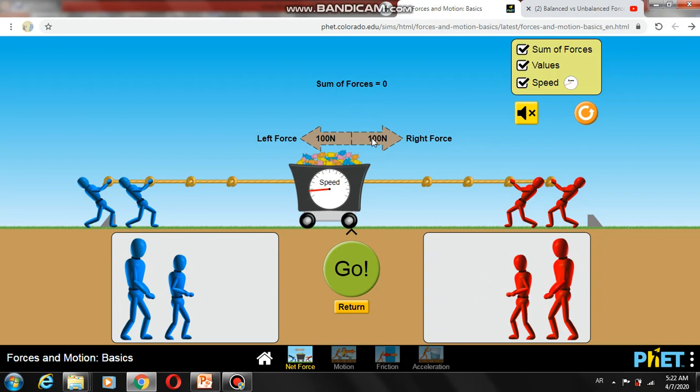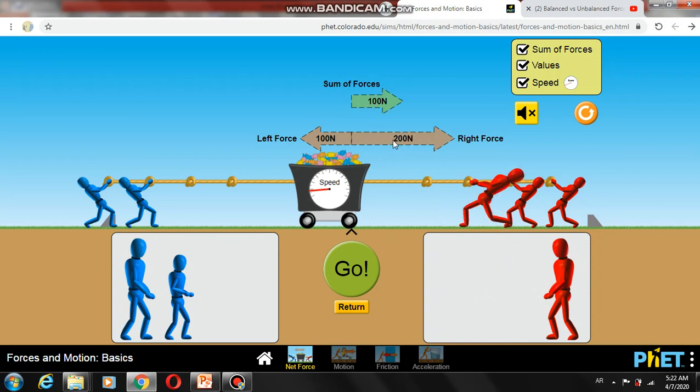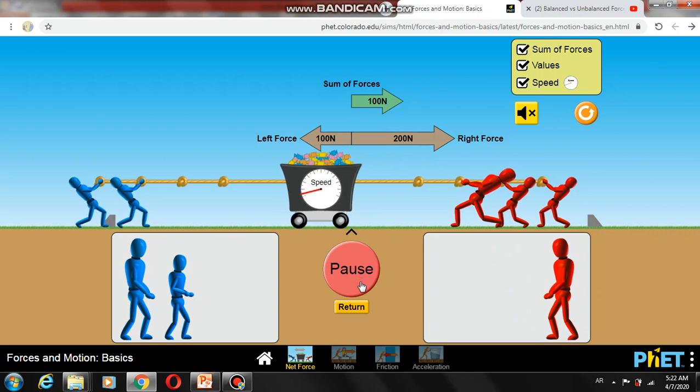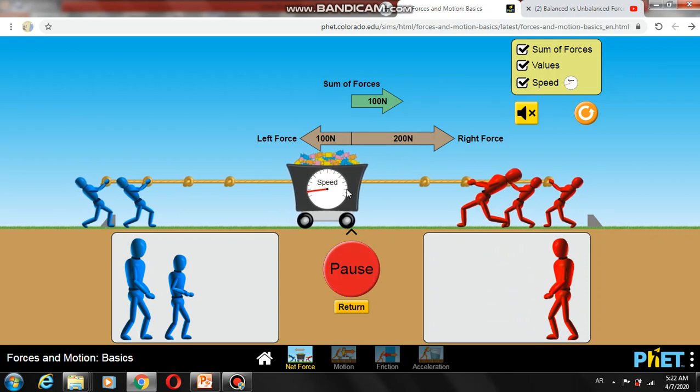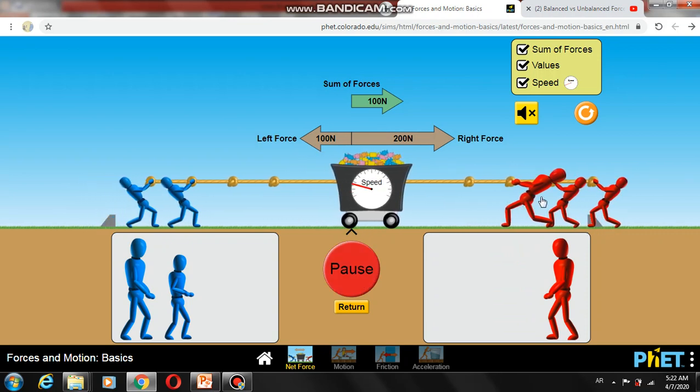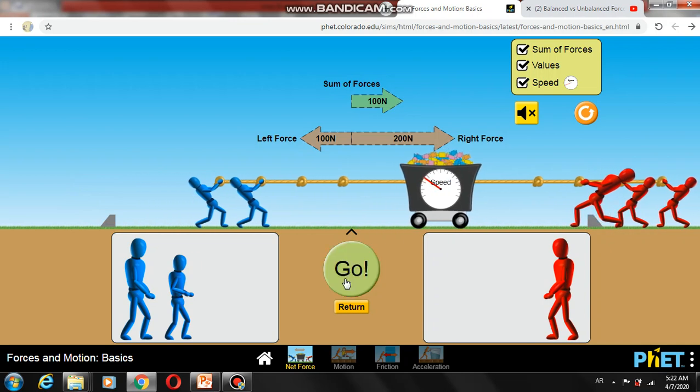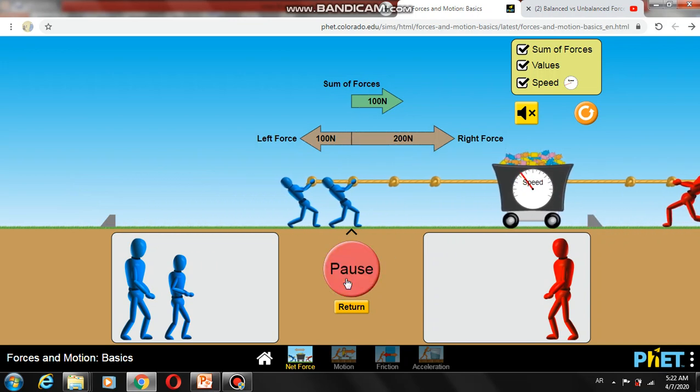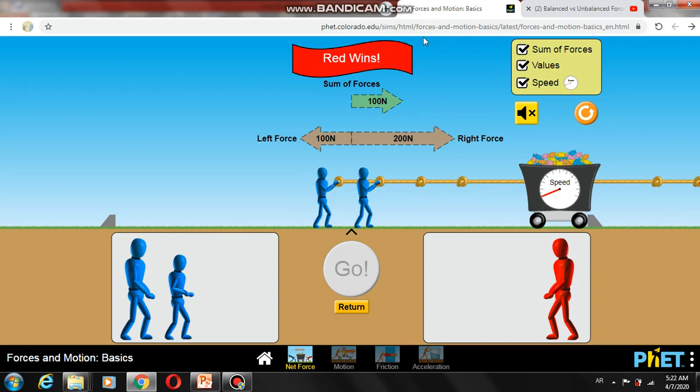It's 100 Newton and one again, 200 Newton. Do you see? Red wins because red is 200 but left is 100.